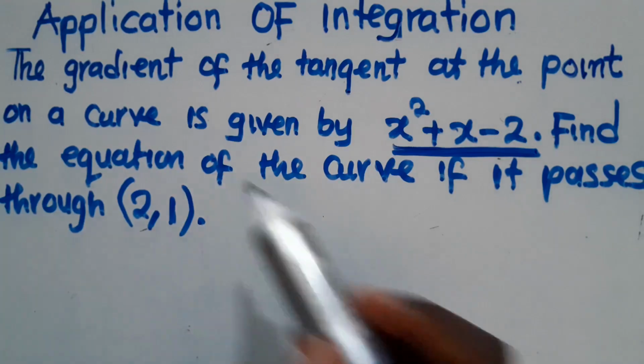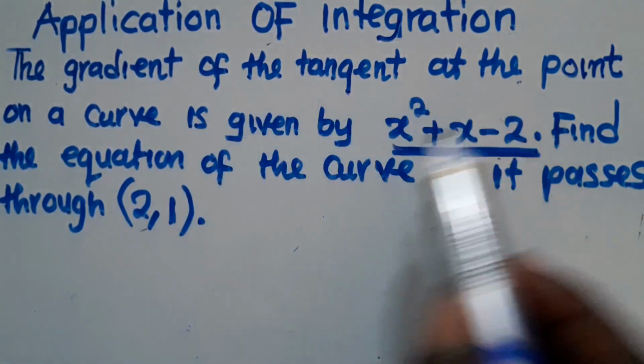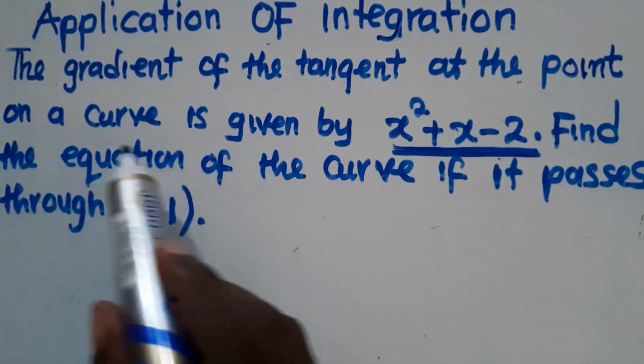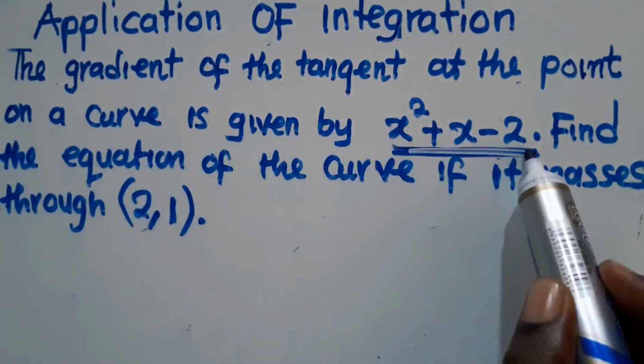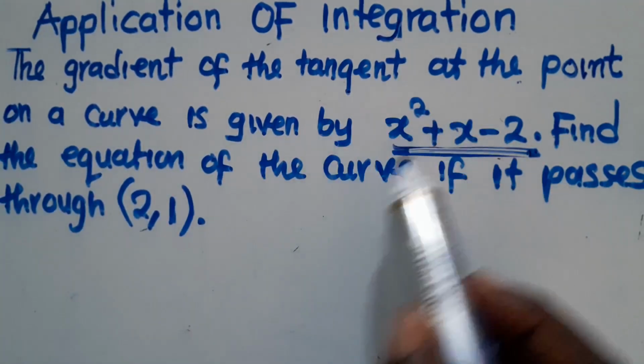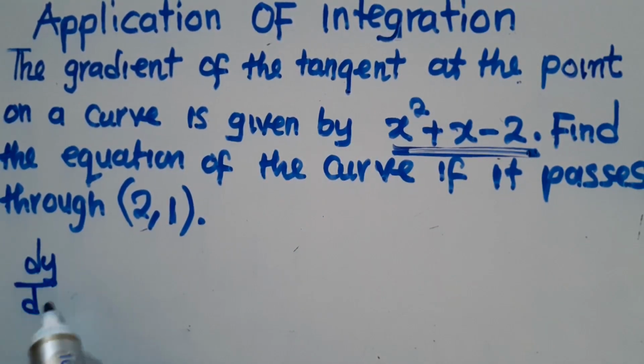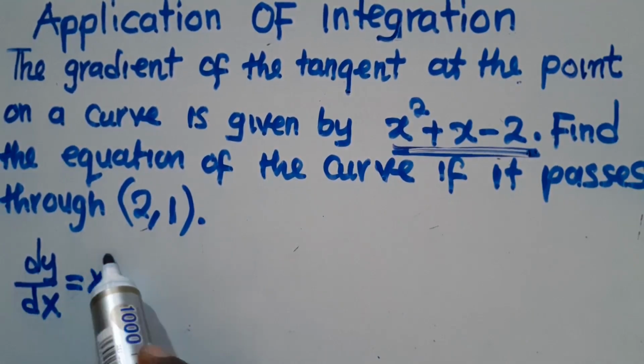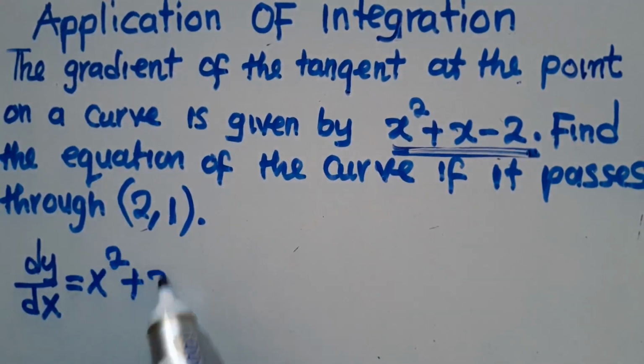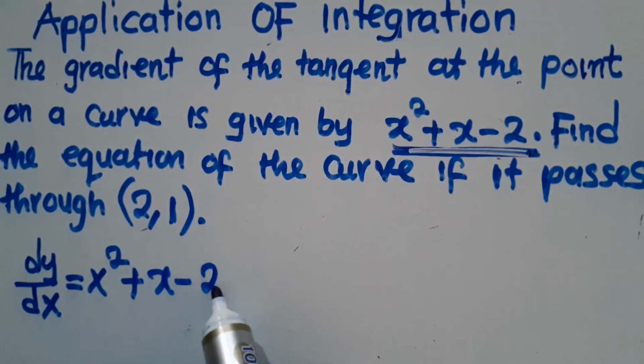To interpret this sentence, it is just the same as saying dy dx is equal to x squared plus x minus 2. This is what you are given.